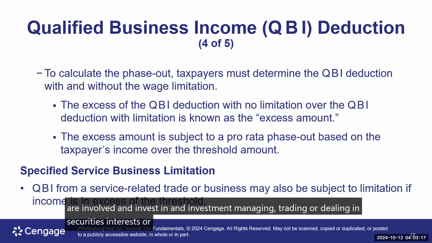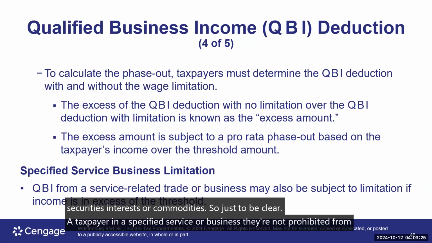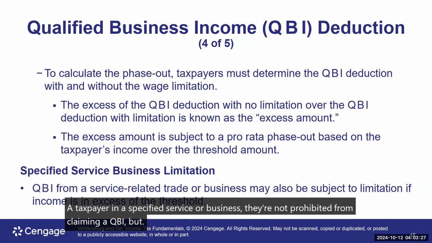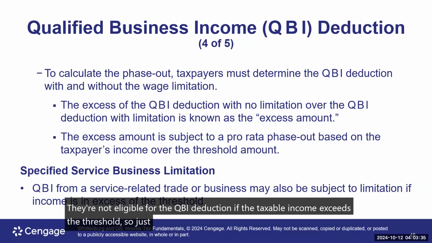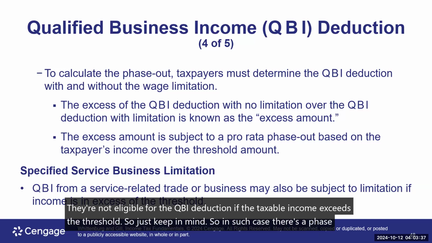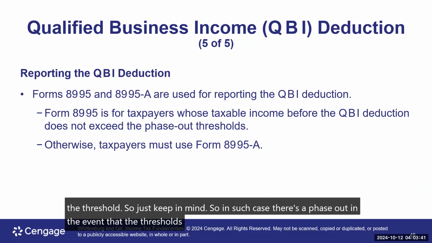So just to be clear, a taxpayer in a specified service business is not prohibited from claiming a QBI deduction, but they're not eligible for the QBI deduction if the taxable income exceeds the threshold. So just keep in mind, in such case there's a phase out in the event that the thresholds are exceeded.